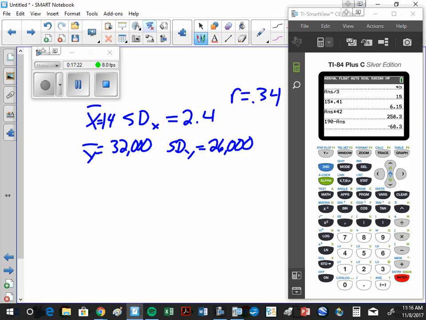Are the Y values normally distributed? Look at the Y bar and the SDY. I know they're not. How do I know they're not? The SD.